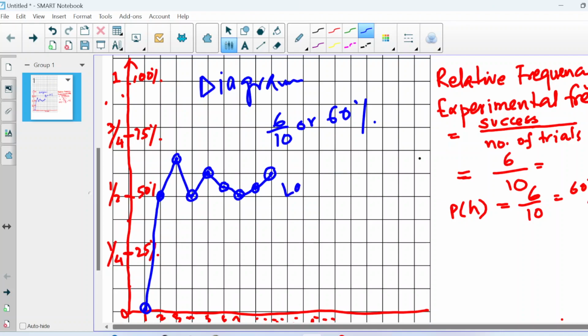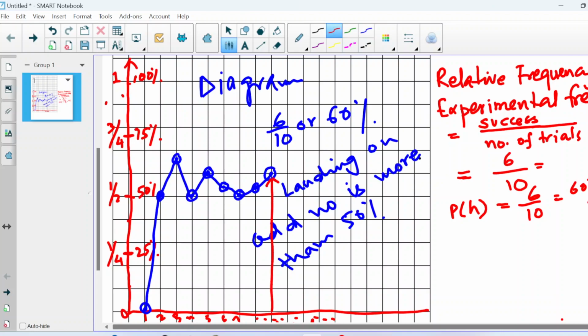So landing on an odd number is more than 50%, right?